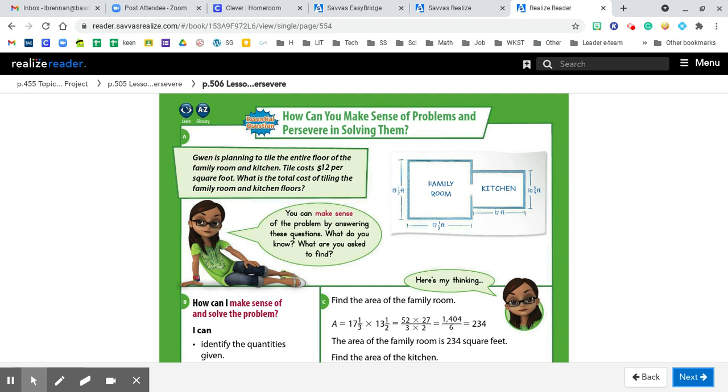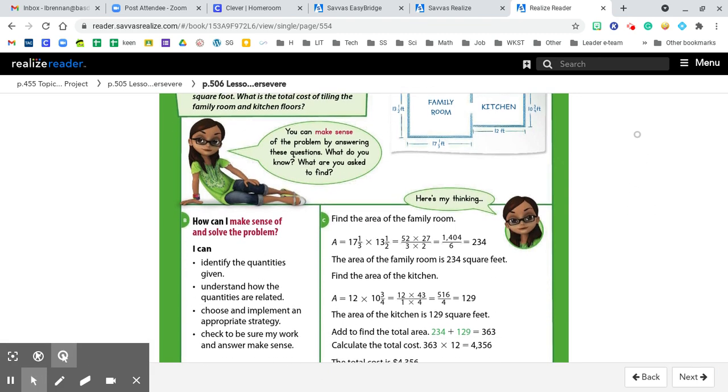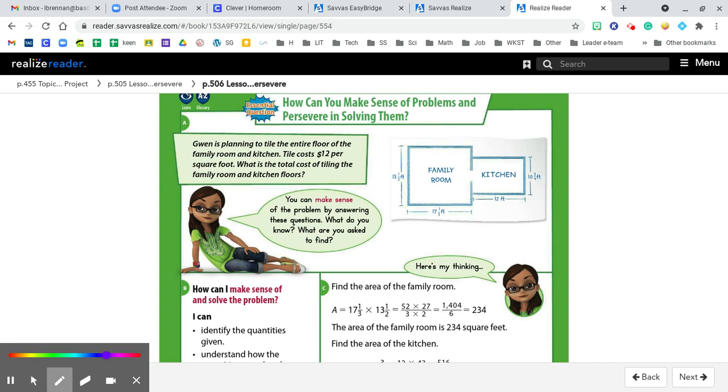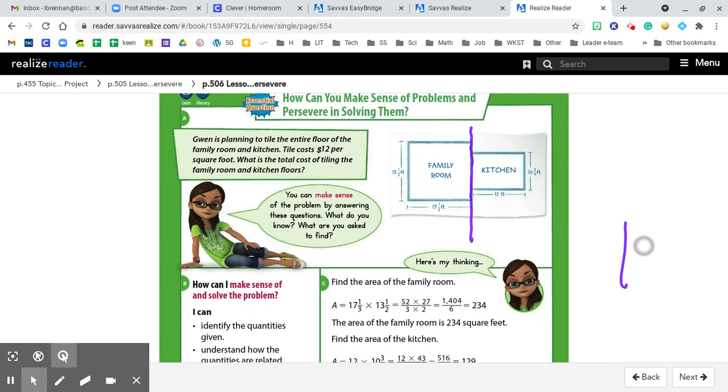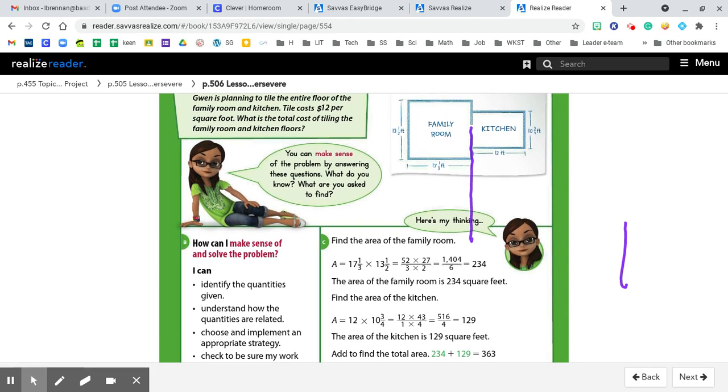Gwen is planning to tile the entire floor of the family room and kitchen. The cost is $12 per square foot. What is the total cost of tiling the family room and the kitchen? Taking a look at this, I can see it would probably make sense to divide this into two different shapes. So we wind up with the area of the family room. You can see the family room is 17 and a third by 13 and a half.